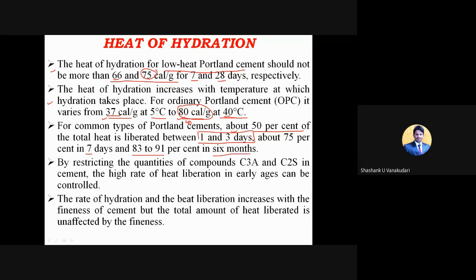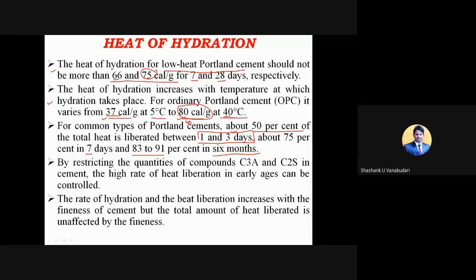Just see the heat of hydration process. Within the first 1 to 3 days, 50% of the heat is liberated, and after 7 days, 75% of the heat is liberated. But to liberate 83 to 91% of the heat takes 6 months.